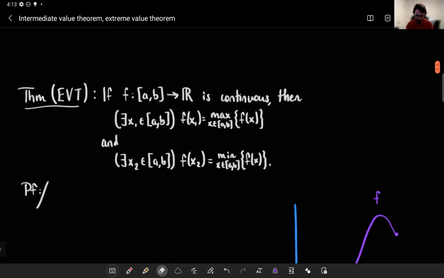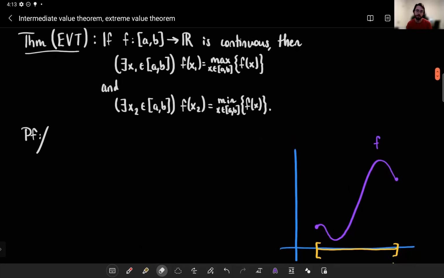Similarly for the extreme value theorem, which again is reproduced here in its calculus-y version, we say there's some maximum value that gets attained and some minimum value that gets attained.